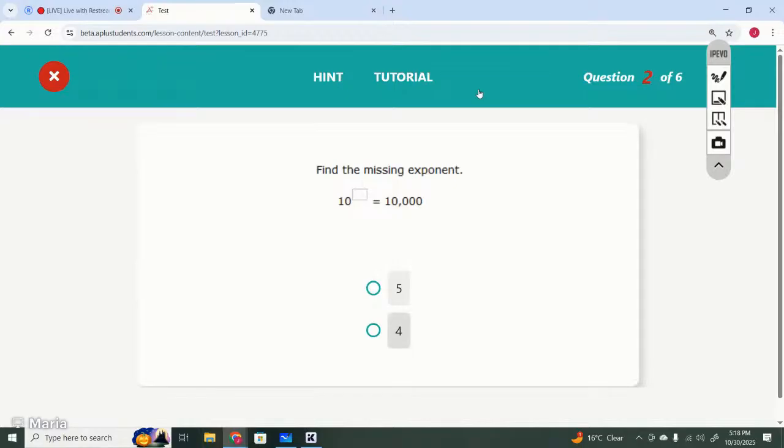We have 4 zeros, so the exponent must be 4. Find the missing exponent. So, which is the correct option?